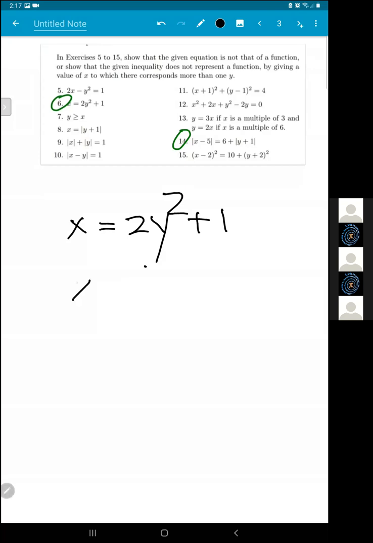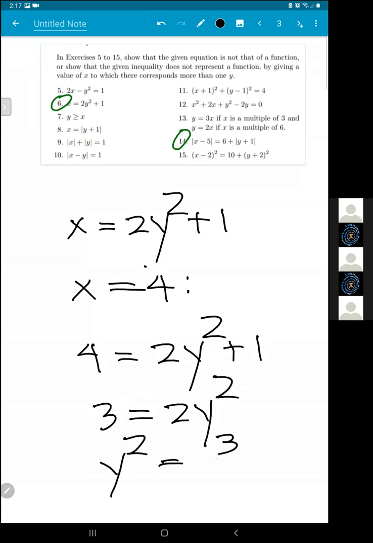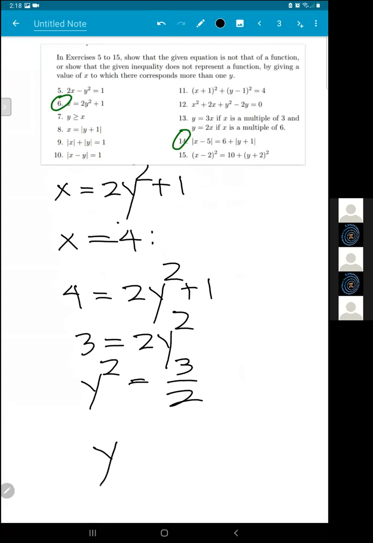Okay, so some won't work, but most will. So if we try, say, x equals 4, and try to solve for the corresponding y or y values that will satisfy the equation, we will get actually 2 because of the presence of the square. So if we solve for y, there are two y values for which that is true, namely plus, minus, square root of 3/2.